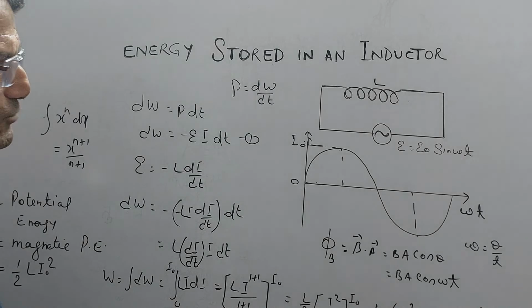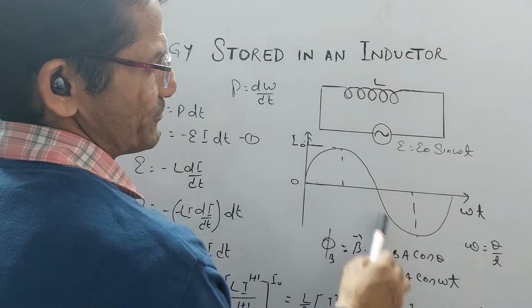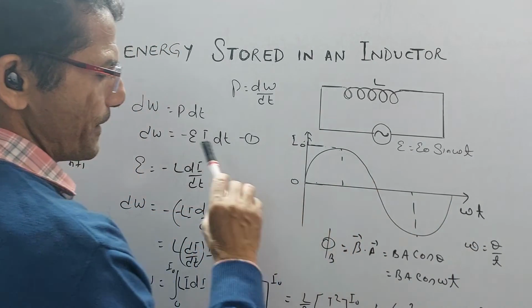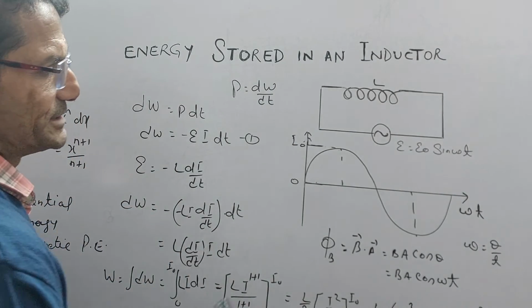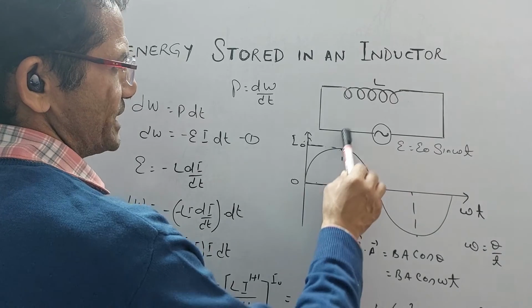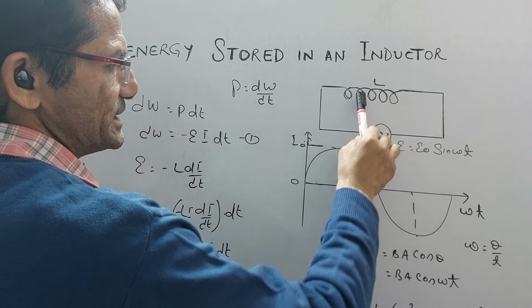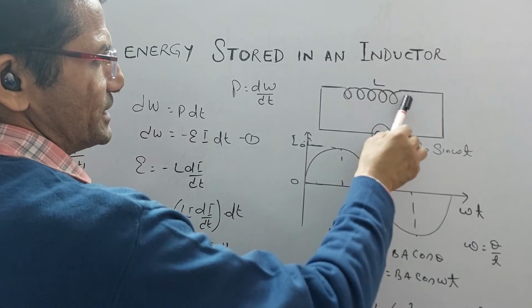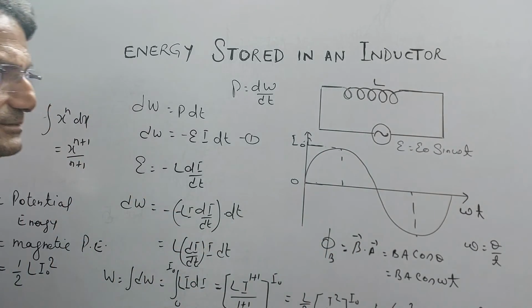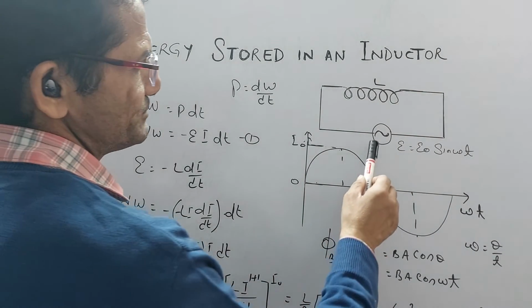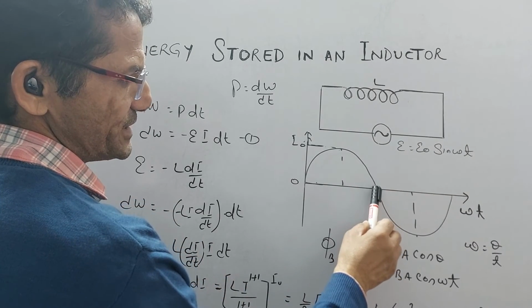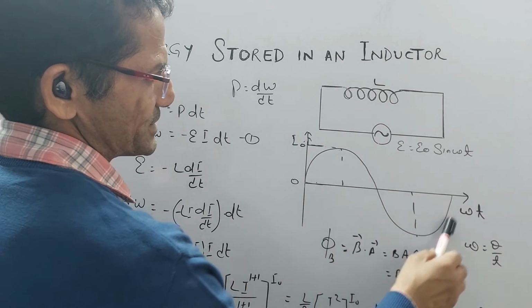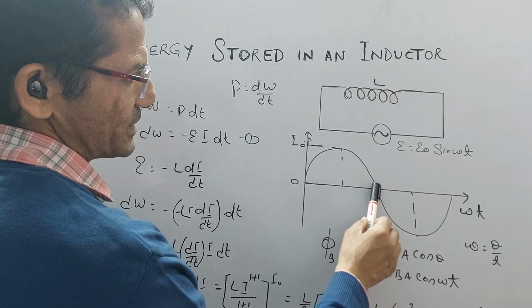Similarly, in the second quarter, consider a full cycle of oscillation of the alternating current. In the first quarter, energy is stored in the inductor. In the second quarter, the energy stored in the magnetic field of the inductor is returned back to the source, and then the direction of the current changes in the second half cycle. This is the second half cycle, and this is our third quarter.